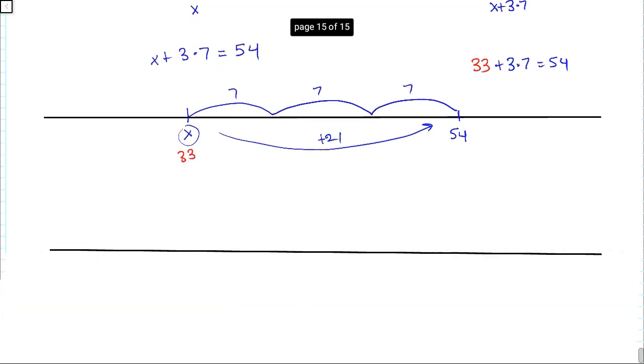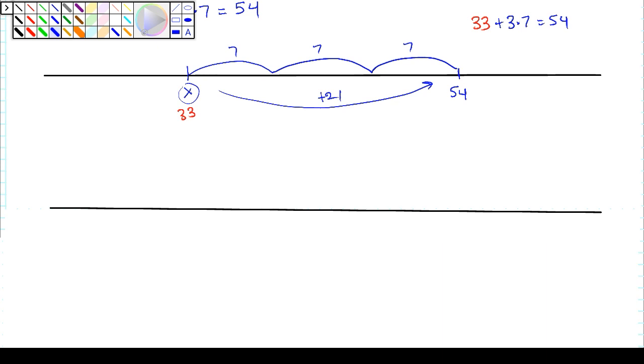Let's just do a couple more. So what if we were to try something like 14 plus p equals 58? So the picture might be, start with 14, and I go forward some amount, and I end up at 58. And the question is, how much do I go forward?